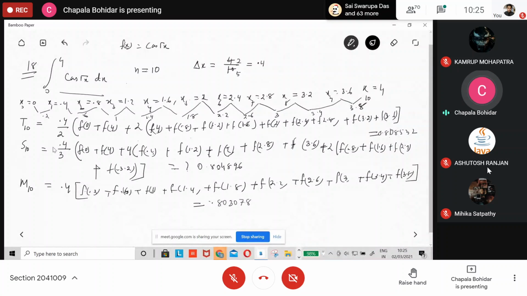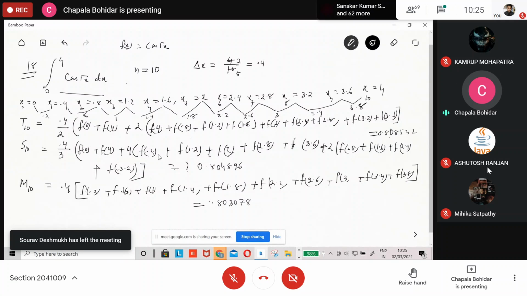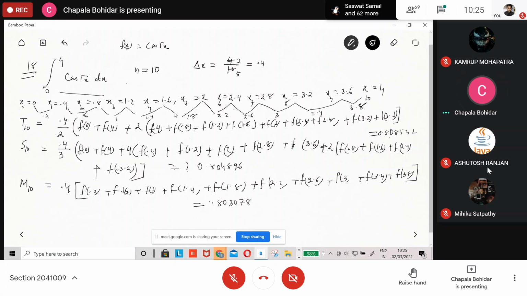And by using Simpson's rule, that is S10, that is 0.4 by 3, del x by 3, then starting and ending, that is F0, F4, then 4 multiplied by all the odd ones, that is 0.4, then 1.2, then 2, then 2.8, then 3.6. Then 2 multiplied by all the even ones, that is 0.8, 1.6, 2.4, 3.2, up to that.